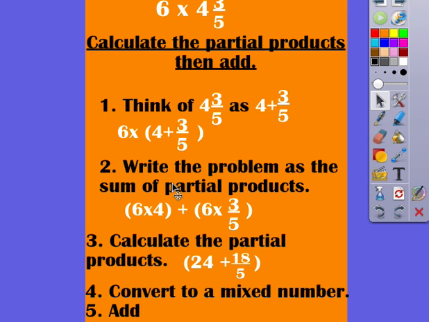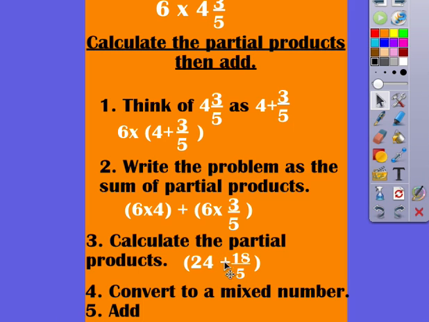Now you're going to write the problem as the sum of partial products. So I'm going to do first 6 times 4, and then I'm going to do 6 times 3/5. So 6 times 4 is 24, and then 6 times 3/5, 6 times 3 is 18, 1 times 5 is 5, so 18/5.